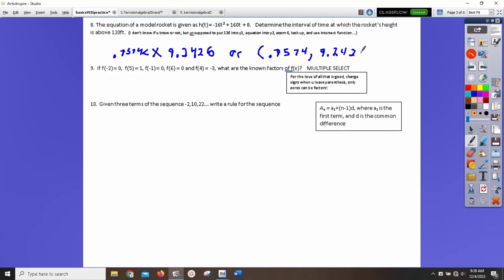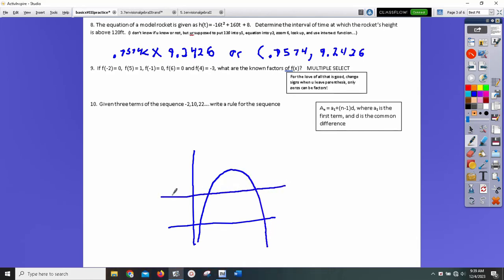Now, if you don't understand why that's the answer, I'll try and rough sketch this thing, but it's very annoying right now the way it's working. This thing went up. We had 120 feet graphed.